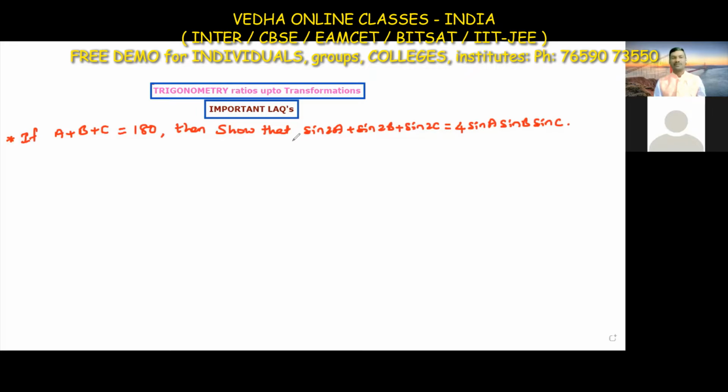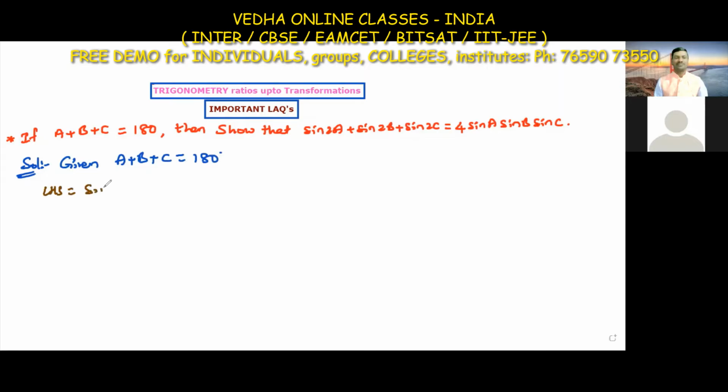Okay, so now what do we have to do here? What is given here? Write the given data. Given: A plus B plus C is equal to 180 degrees. It is the given data, and take the LHS. What is the LHS here?